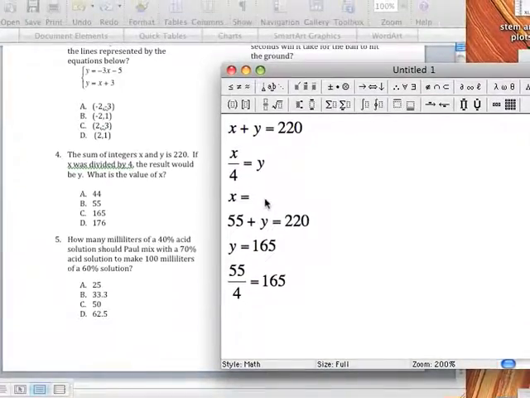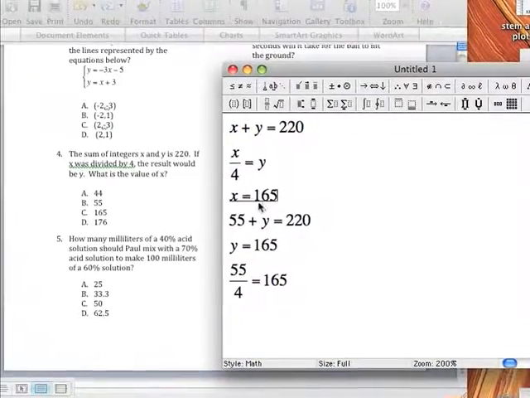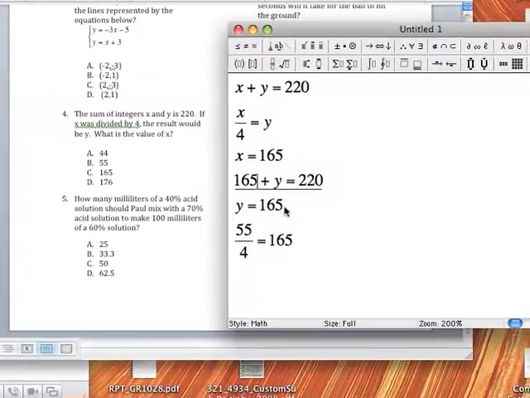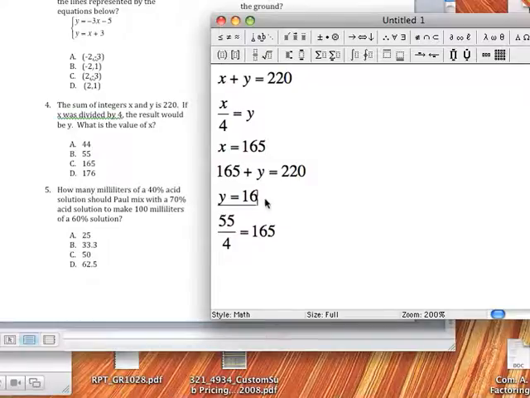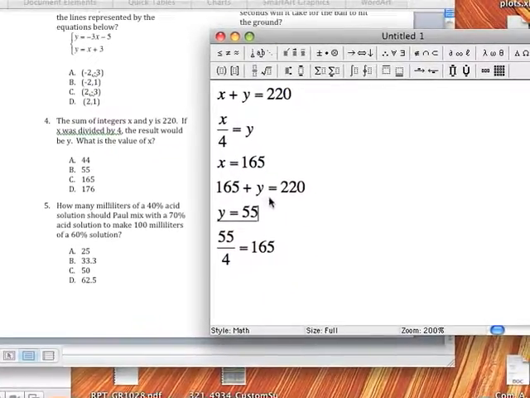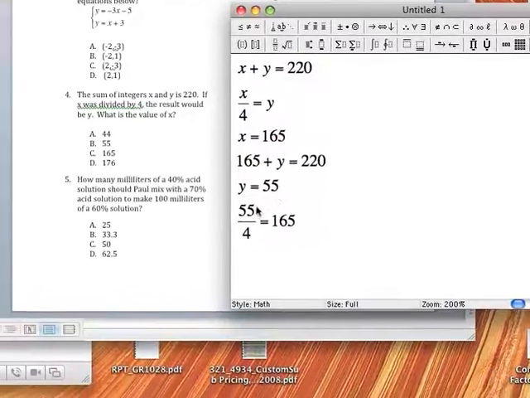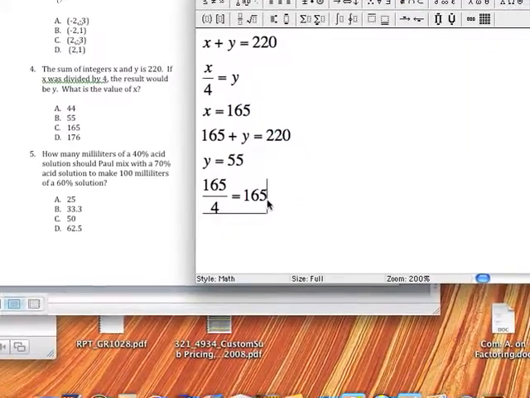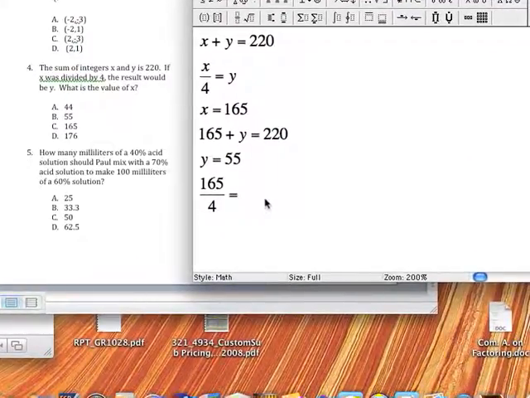Let's replace x with 165, and in this case, y would be 55, because 220 minus 165. But it doesn't work at all, because if I replace x with 165, 165 doesn't even divide evenly by 4.